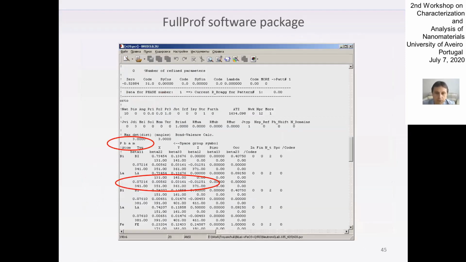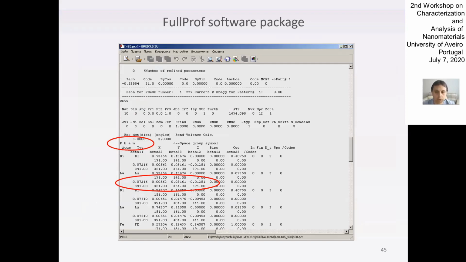So in this software, FullProf, just a few slides to show how it works. I talk about refinement, not estimation of the crystal structure. It means that we principally know the crystal structure, but we'd like to know precisely the unit cell parameters and the coordinates.